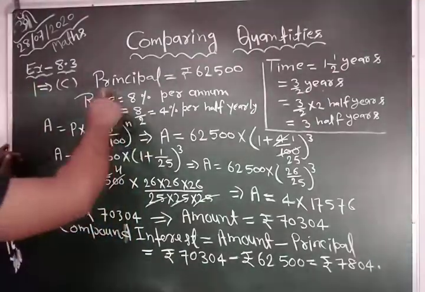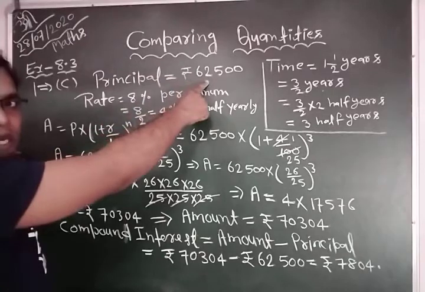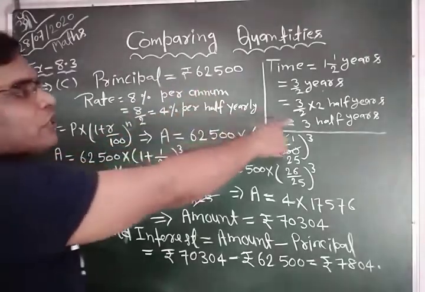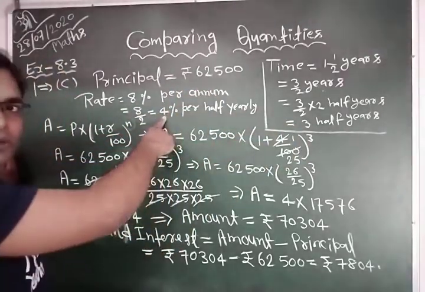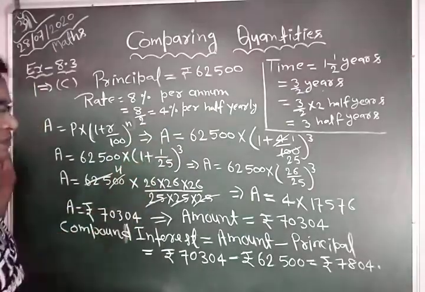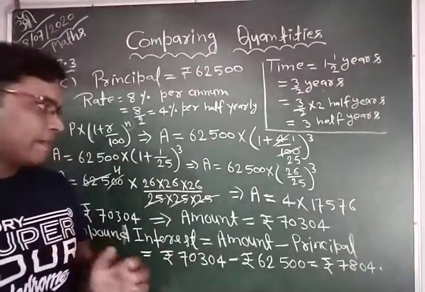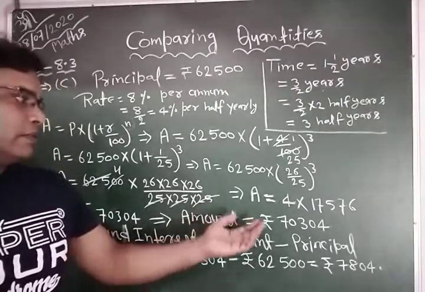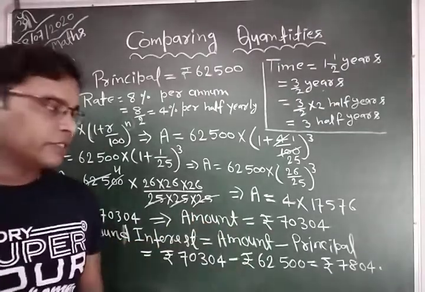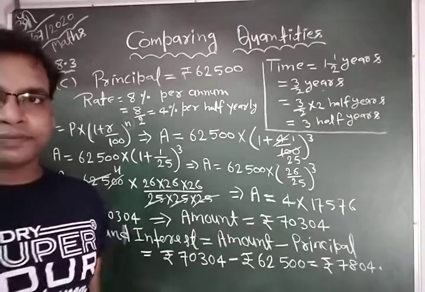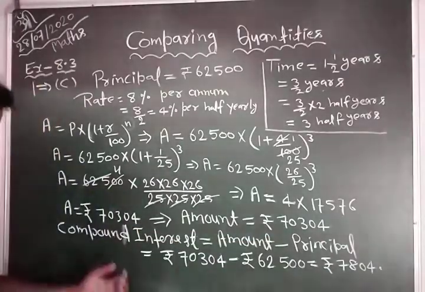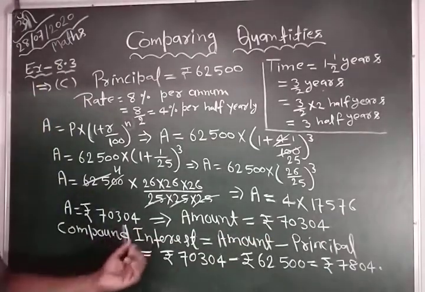So we put the values: principal is 62,500, time is 3 and rate is 4 in this formula, and we simplify it and find the amount is equal to 70,304.